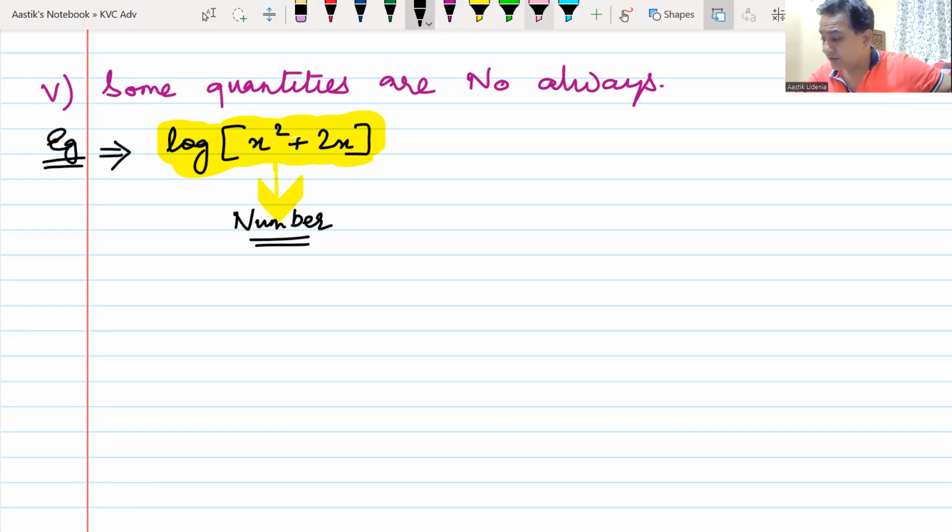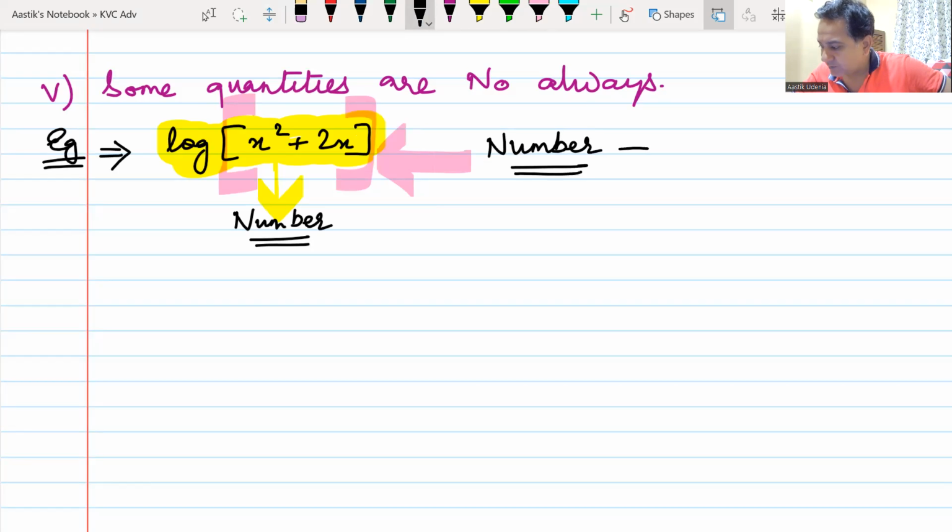But one more thing you have to understand. If you look at this bracket, what is inside this bracket is also a number only. That means x square plus 2x is a number.